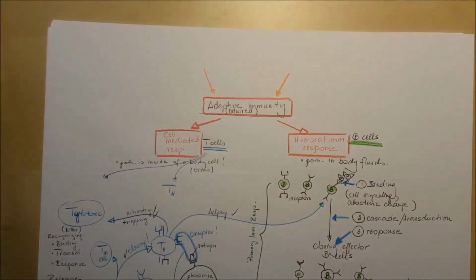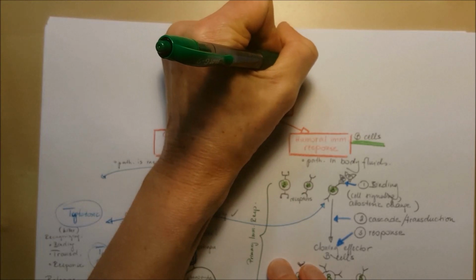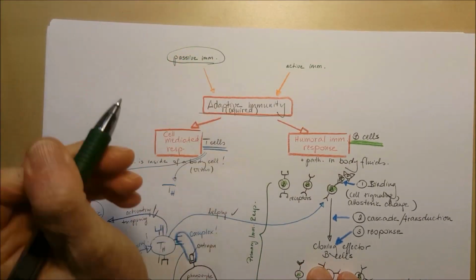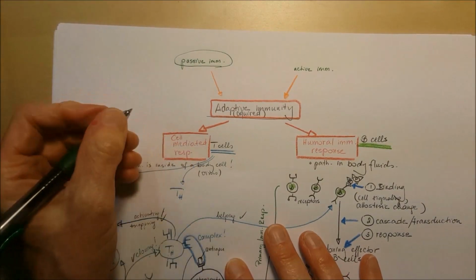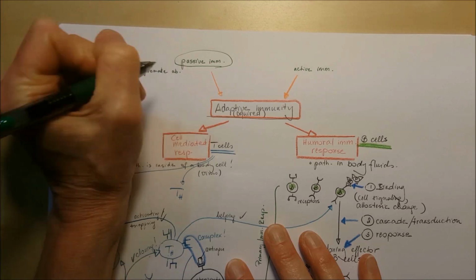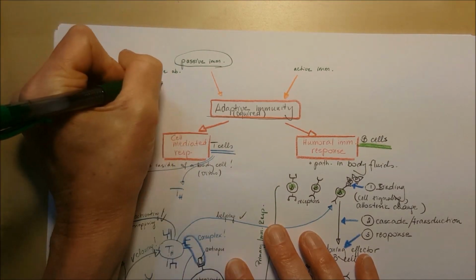Now, the adaptive immunity or the acquired immunity, how can we obtain acquired immunity that is very specific for the antigen? By passive immunity, receiving pre-made antibodies that are added into our bloodstream or in our body.